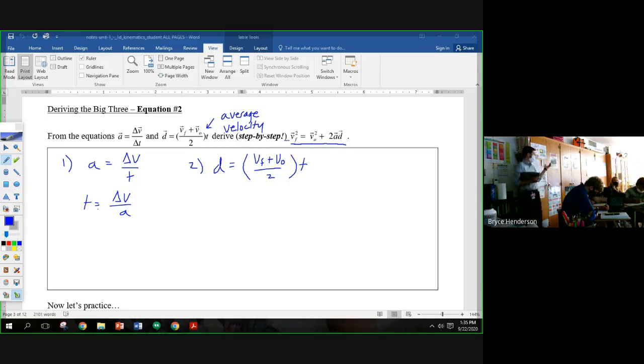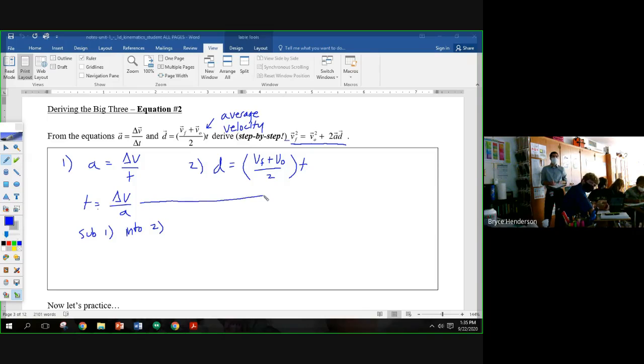There's no time. So we need to get rid of time. The way we do that is through substitution. So let's substitute equation 1 into equation 2. In other words, this t right here, we're going to plug in here.